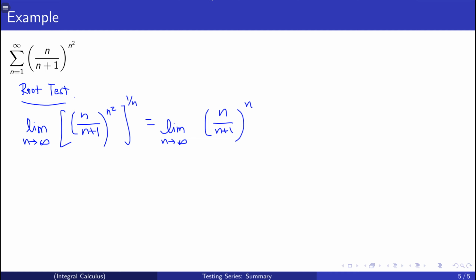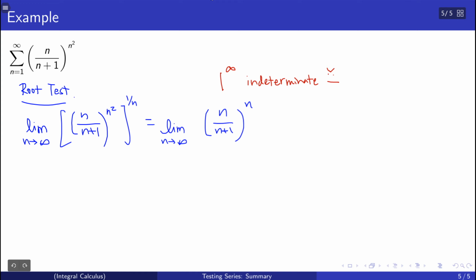So what do you do here? Well, you first try to see what happens to these terms. As n goes to infinity, we know that n over n plus 1 goes to 1. So this is also an indeterminate form, right?